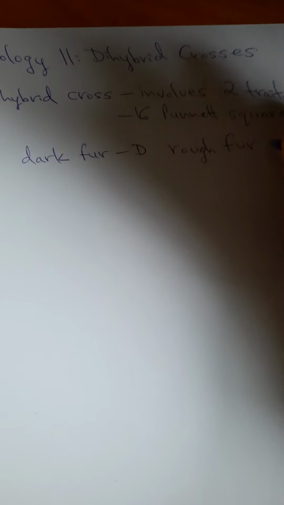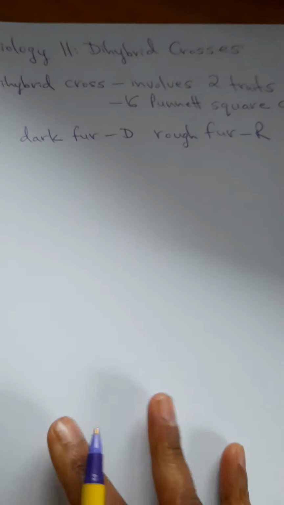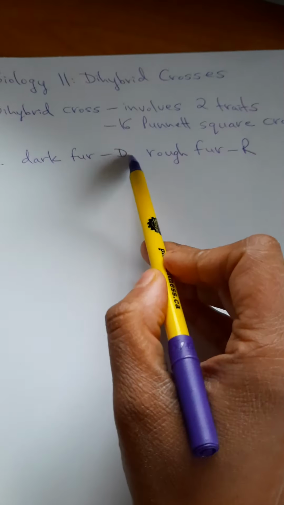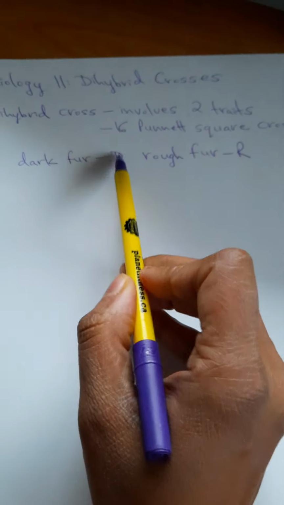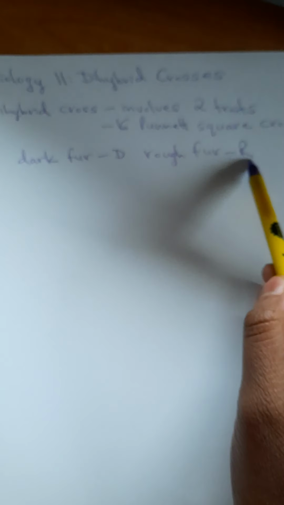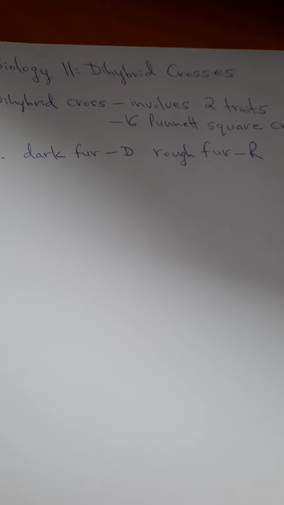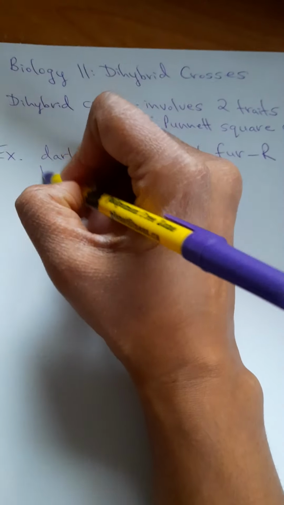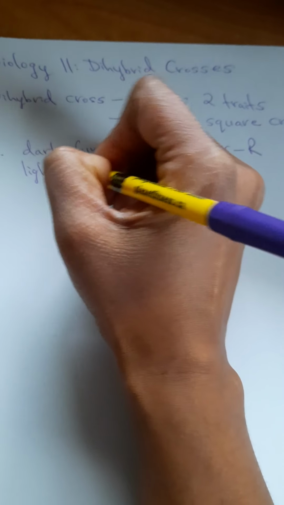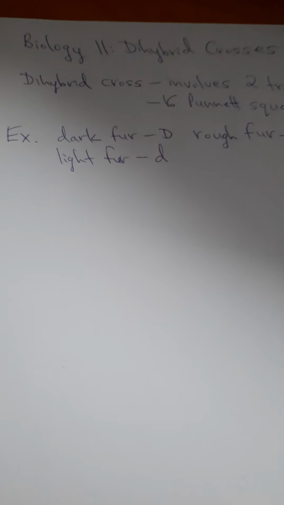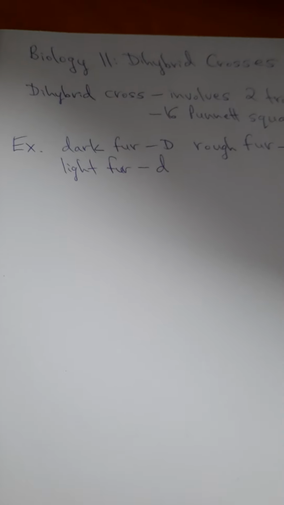So let's put rough fur, capital R. Usually it doesn't matter which letters you want to use here, but it looks like we're using capital D for dark and capital R for the rough. And if you don't have dark fur, you have the light fur. Again, we are looking at a guinea pig. So when I put down the light fur, I don't want to use a different letter.